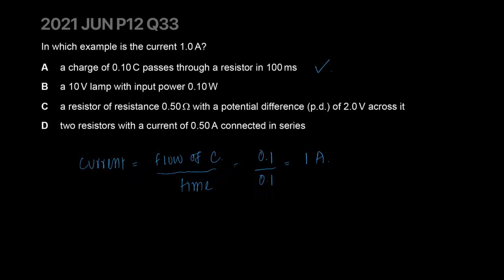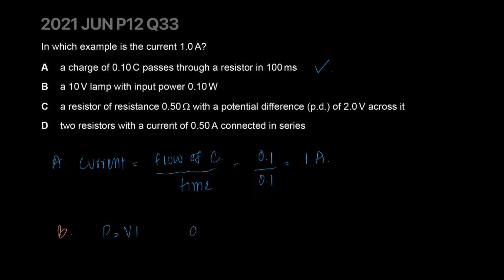But let's look at B, C, and D. For B, power equals VI. We can kind of delve a little deeper, but I think it's straightforward. Just put it in the equation.